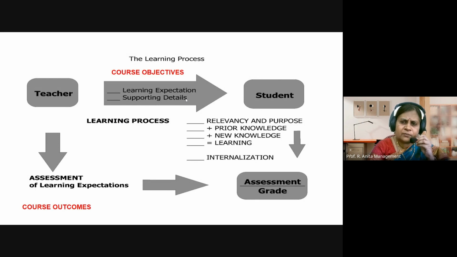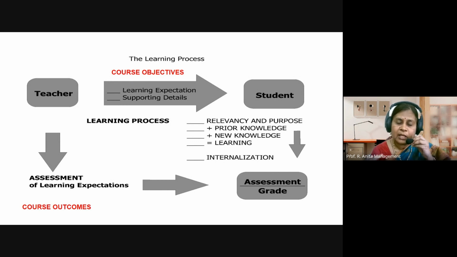Learning is a process where a student acquires a permanent acquisition of knowledge. Are we able to give the relevant curriculum to the students? Whatever curriculum is framed, are we able to deliver it to the extent where the student is able to gain new knowledge? Is the student internalizing what we are teaching?